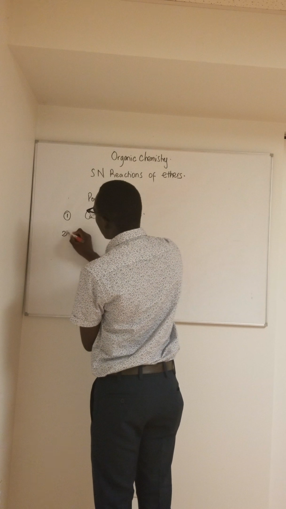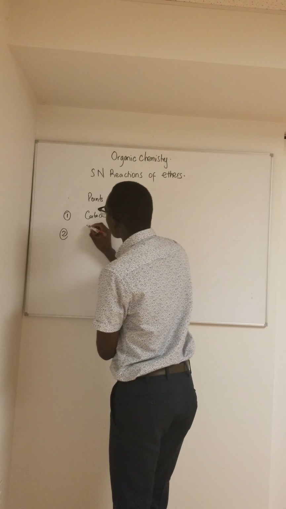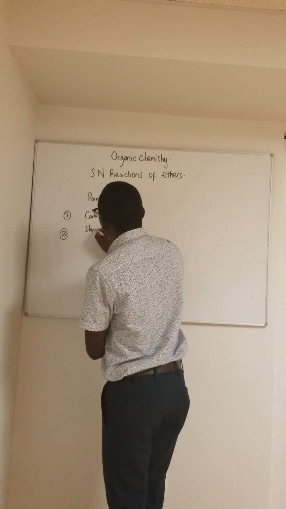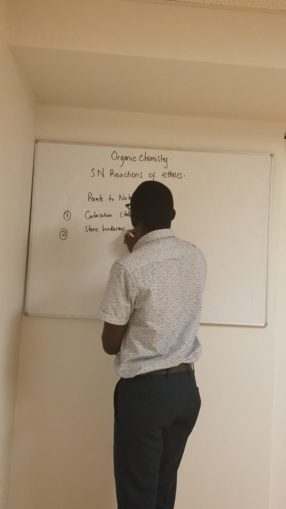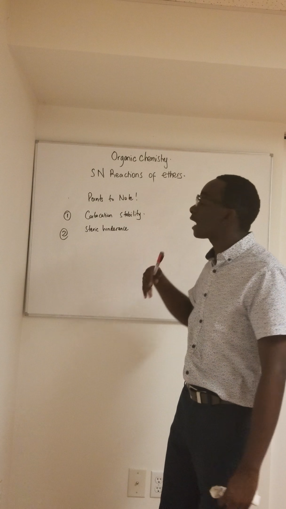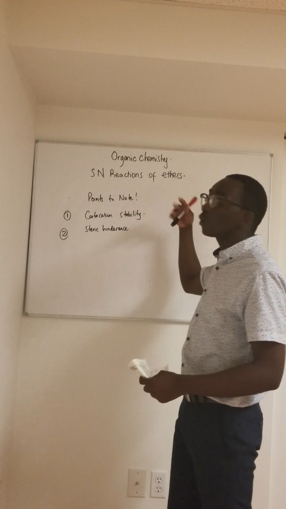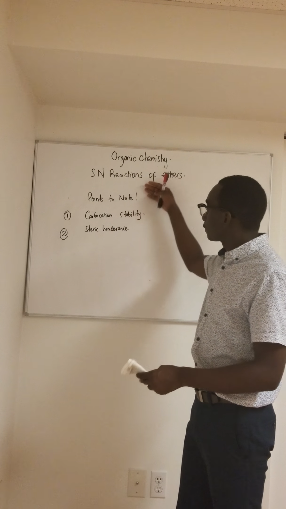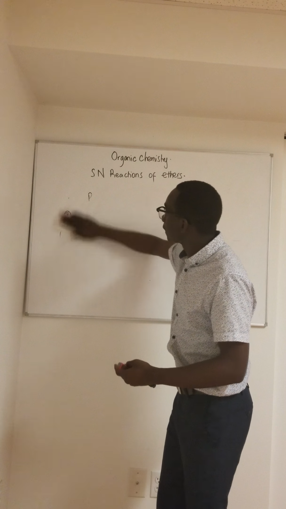And the other thing that we look for is steric hindrance. These are the two major important things you look at when you're given a problem to find the major product in substitution reactions of both alcohols and ethers.